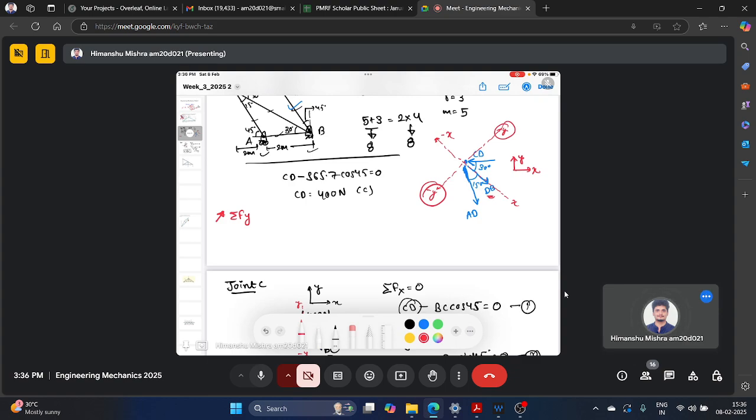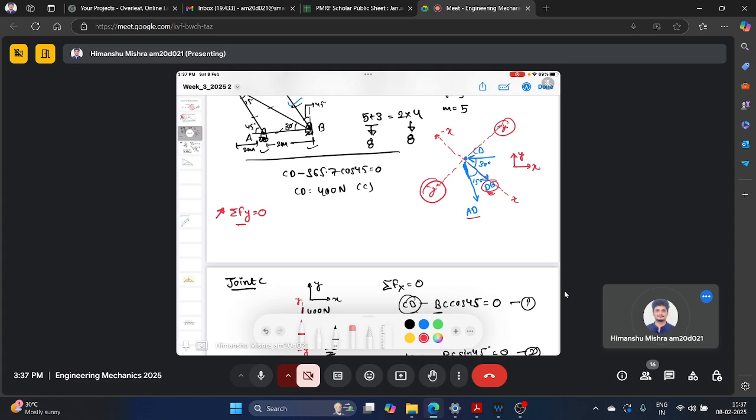But we chose the coordinate system along the DB, and the DB is in the x direction. So if we are doing the summation of force in the y direction, we don't need to consider the force DB because it is entirely in the x direction. So here we need to consider the component of force of AD and CD, right? Because they are not normal or along the y and x axis here.